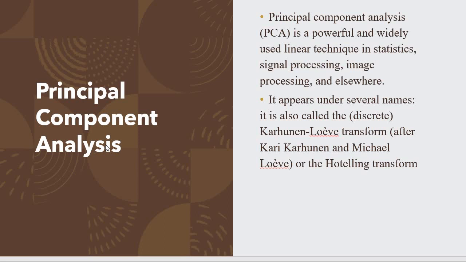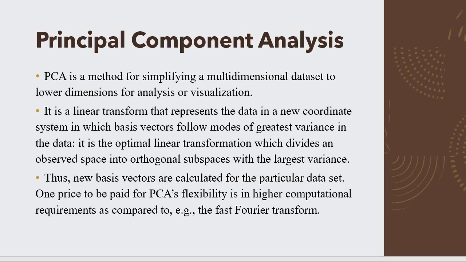It has different names: it is also called the discrete Karhunen-Loeve transform, after the names of the scientists, and it is also known as the Hotelling transform. But most commonly we use the term principal component analysis.